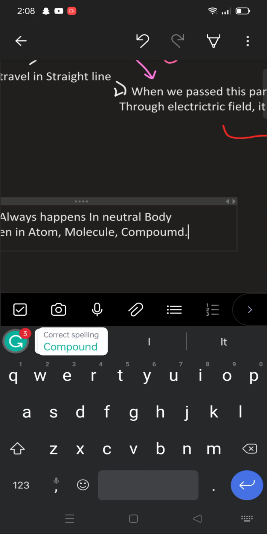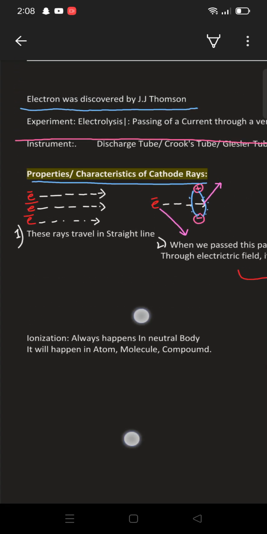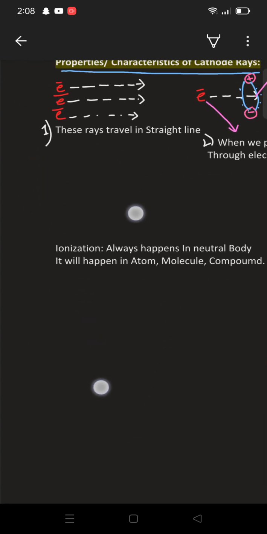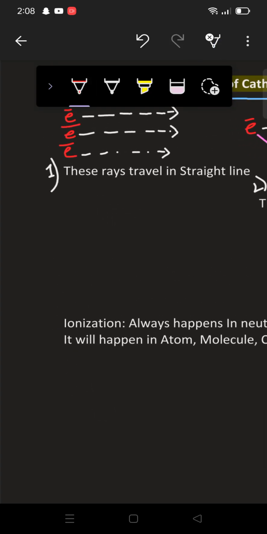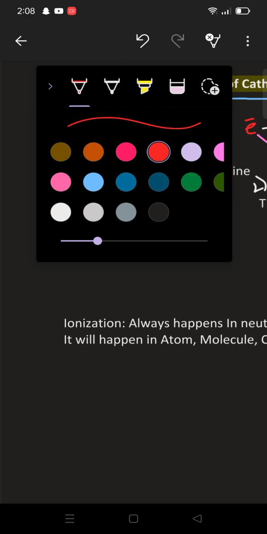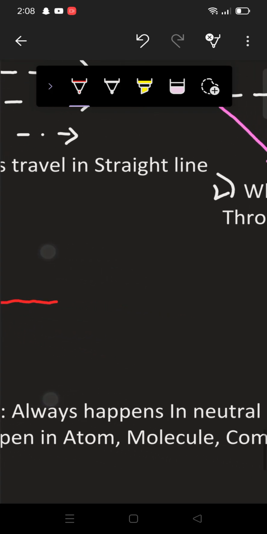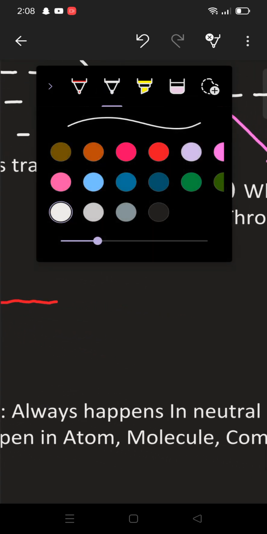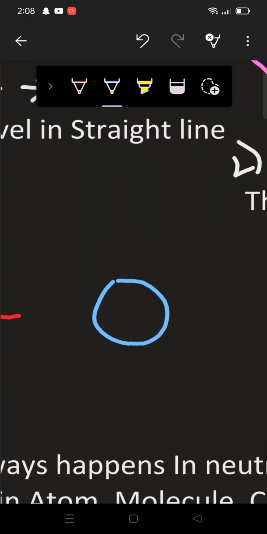And cathode ray has the property of ionization, which means it will ionize, right? For example, I have Cr here, which is cathode ray. For example, I'm making an atom here, which is basically a helium atom, 2 protons, 2 neutrons, right?